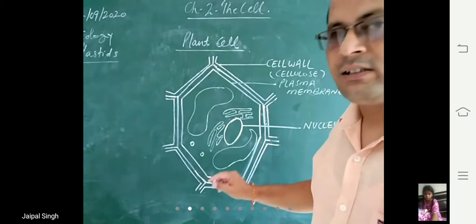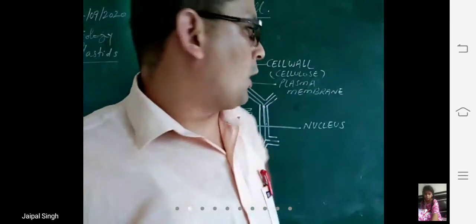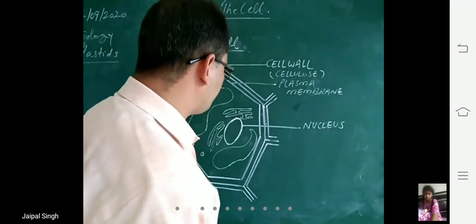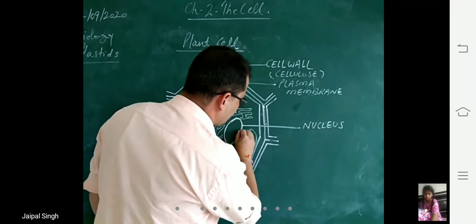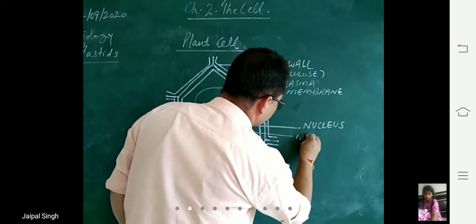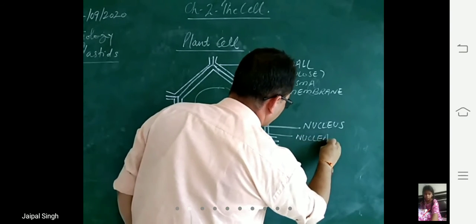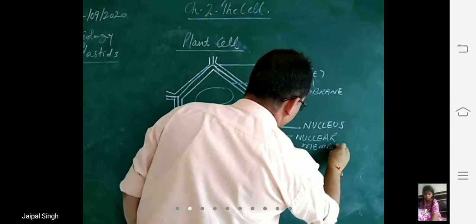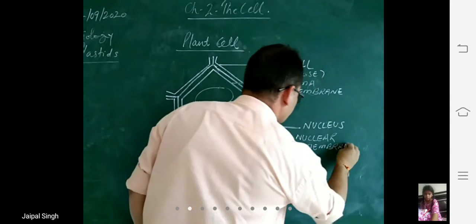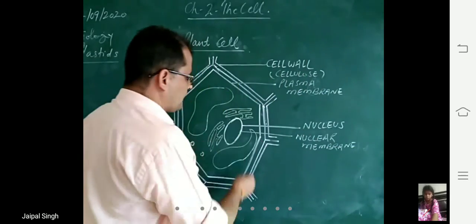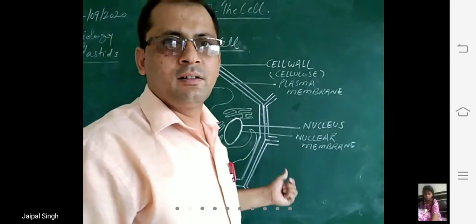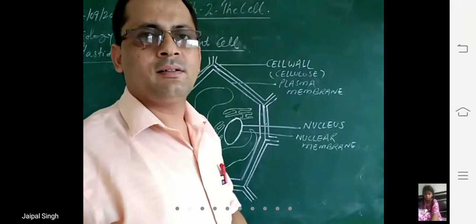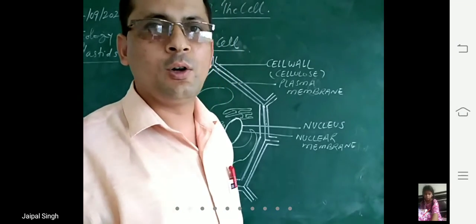Outside the nucleus there is a membrane known as the nuclear membrane. Inside the nucleus there is a liquid substance known as nucleoplasm.